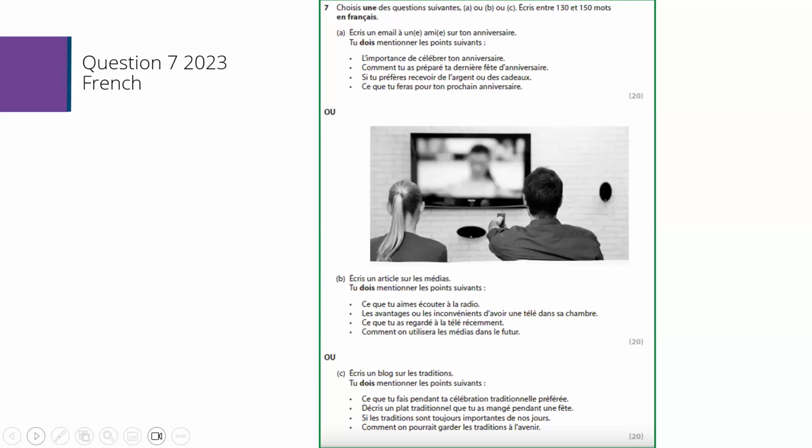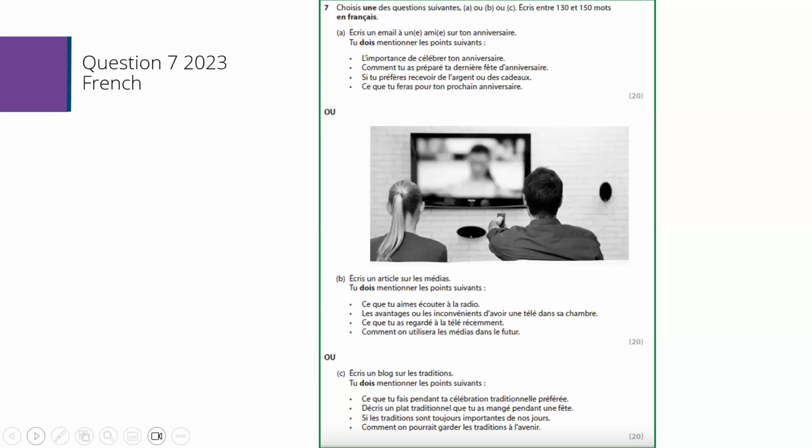But it's worth just mentioning that clearly the email to a friend will tend to have a more informal structure, and in terms of the grammar and the language that the students produce, the article about media might be a little bit more formal.